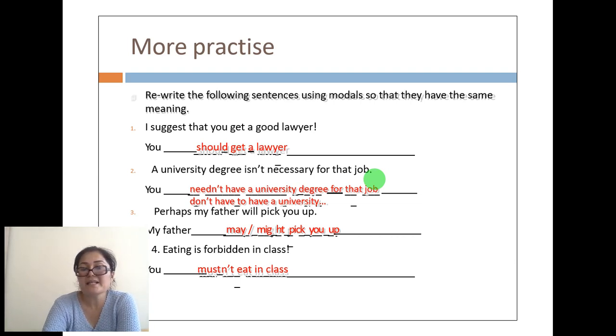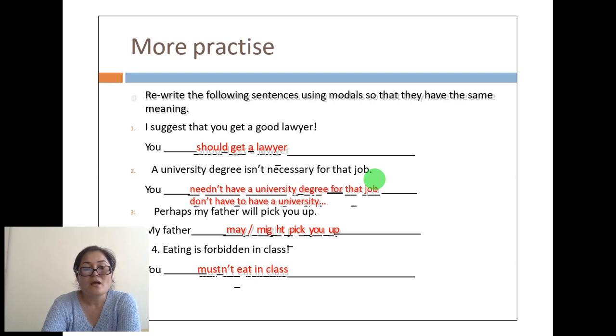For example, I suggest that you get a good lawyer. You should get a good lawyer. A university degree isn't necessary for that job. You needn't have a university degree for that job, or you don't have to have a university degree for that job.